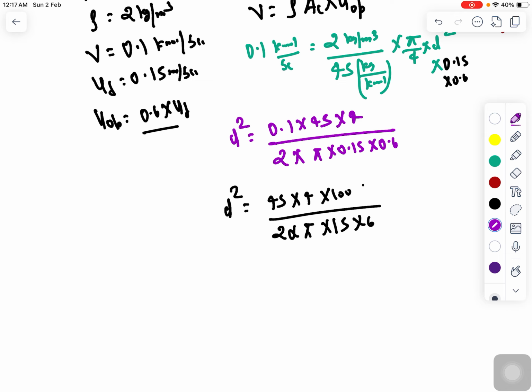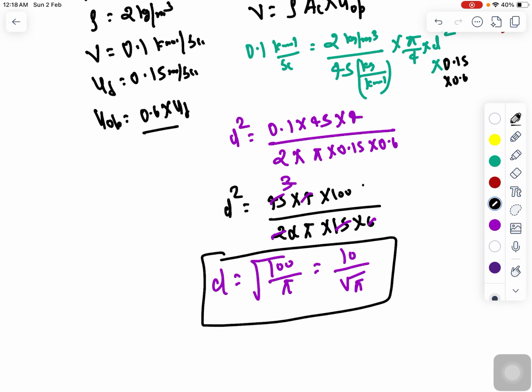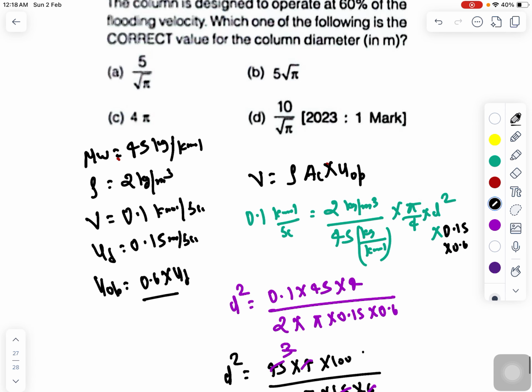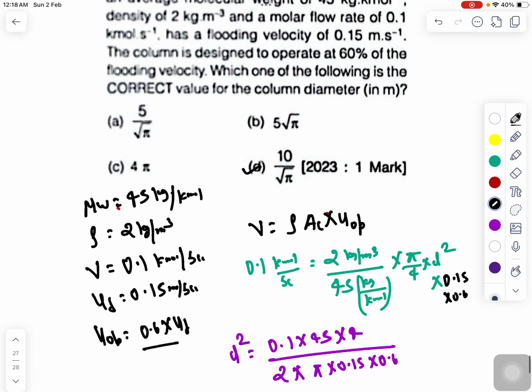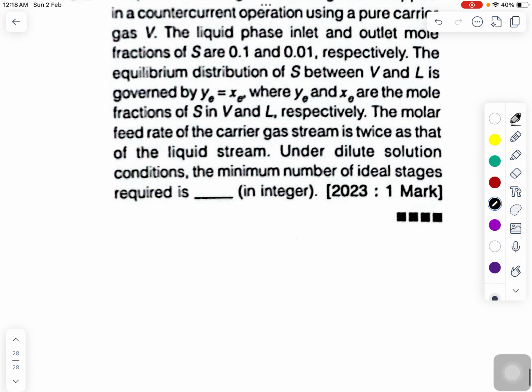You can see that this will get cancelled out, 3 into 4 is 12, 6 into 2 is 12. So the diameter will be the square root of 100 divided by pi, that is 10 divided by root pi. Is that clear? So this will be your answer. Just check your options: 10 by root pi, option D is your correct answer. Is that clear?